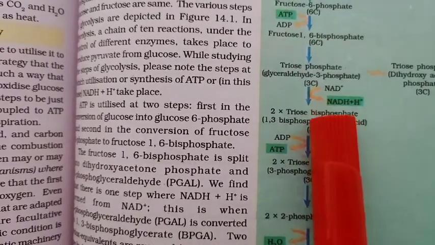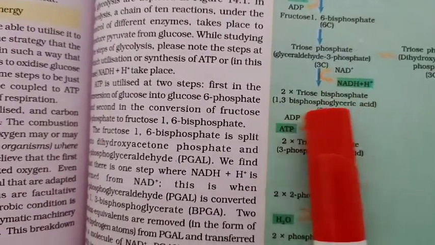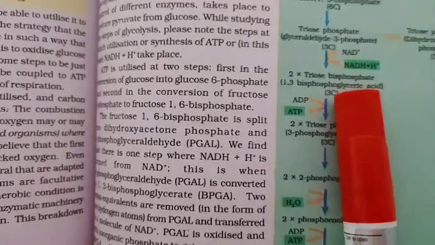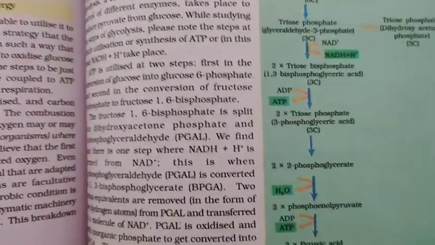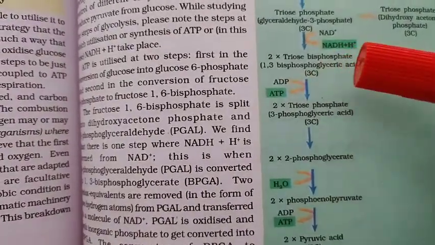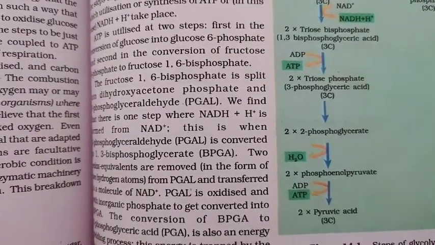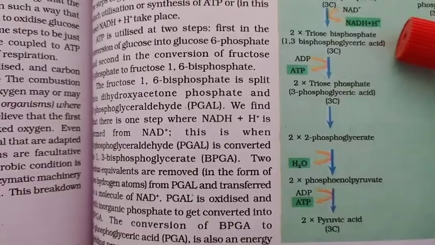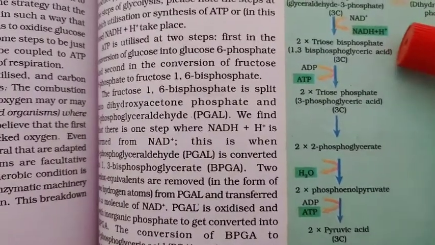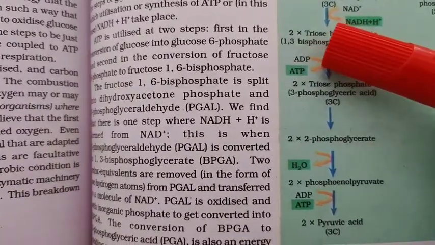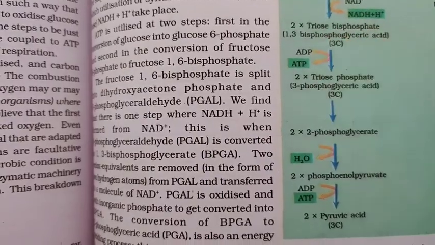Okay. When we say 1,3 bisphosphoglyceric acid, they again lose 1 phosphate group and form 3-phosphoglyceric acid. That means one phosphate group is transferred from 1,3 bisphosphoglyceric acid to ADP, and ADP now forms ATP.